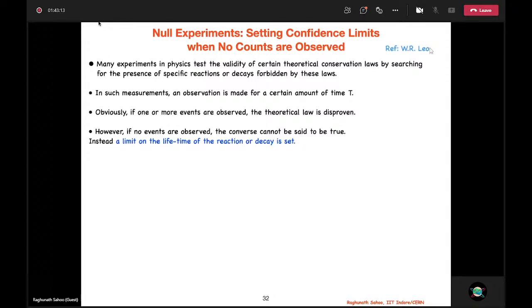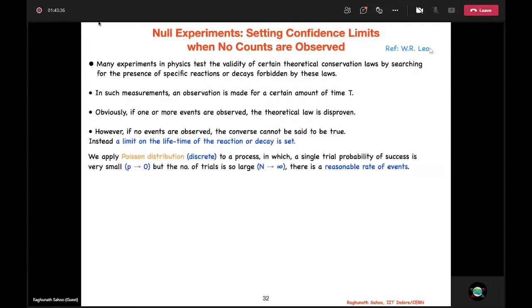Instead, a limit on the lifetime of the reaction or decay is set. If you want to report your null experiment in scientific literature, you can report a limit on the lifetime of the reaction or decay. So for a null experiment, you should not be discouraged. That is also a measurement.